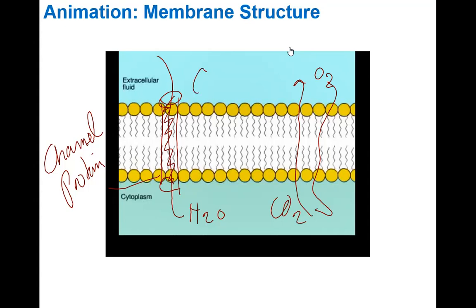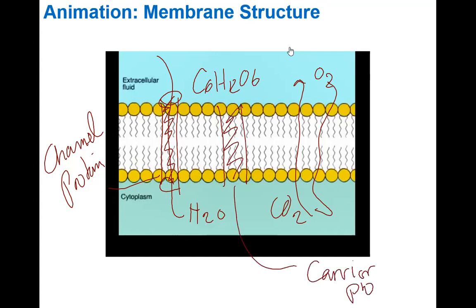Glucose is a nice big molecule, C6H12O6. It's too big to get through the membrane, but if we use another type of protein called a carrier protein, it will allow glucose to come into the cell. This is what insulin does for us when we eat carbohydrates.